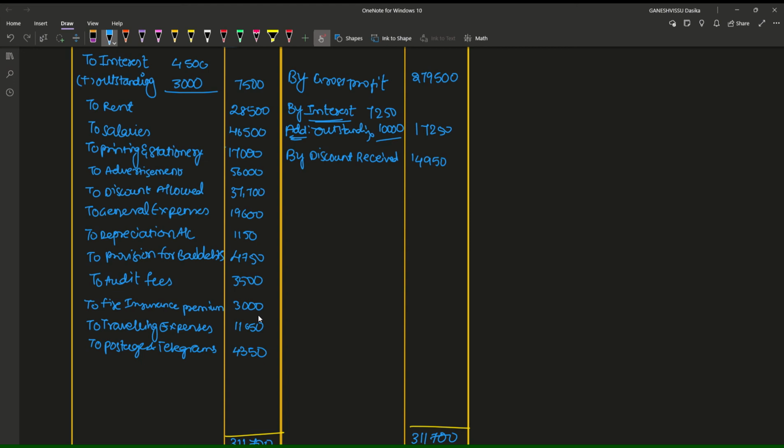One minute, I will do it again. 3 lakhs 11,700 minus 7,500 minus 28,500 minus 46,500 minus 17,000 minus 56,000 minus 37,700 minus 19,600 minus 1,150 minus 4,750 minus 3,500 minus 11,650 minus 4,350.